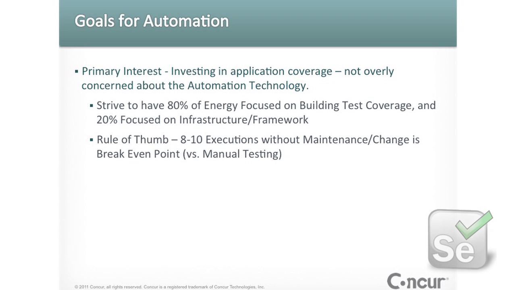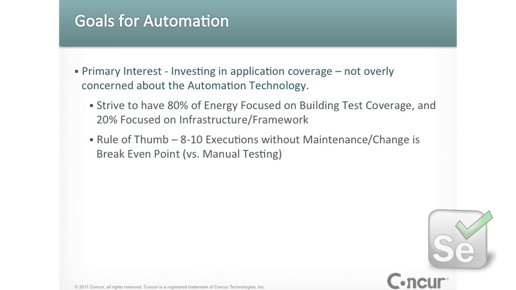So how do we define the differentiation? Well, if we're writing a test that's actually testing the application, that's coverage. If we're writing code to support the automation applications, then that's framework. So our team of engineers is divided such that we have essentially that type of breakdown. That's what we're striving for.